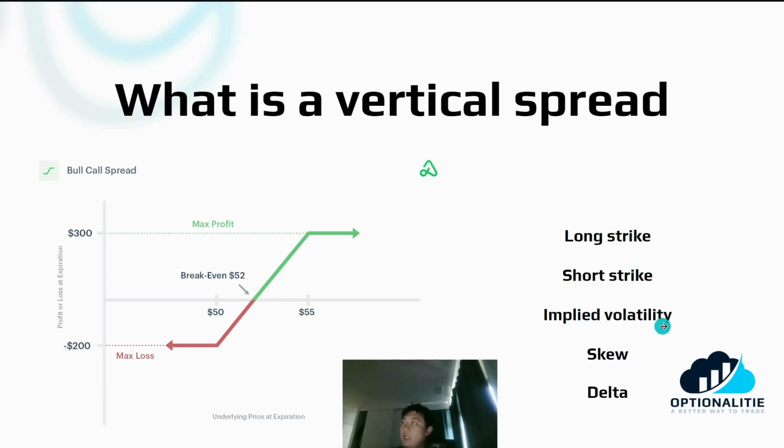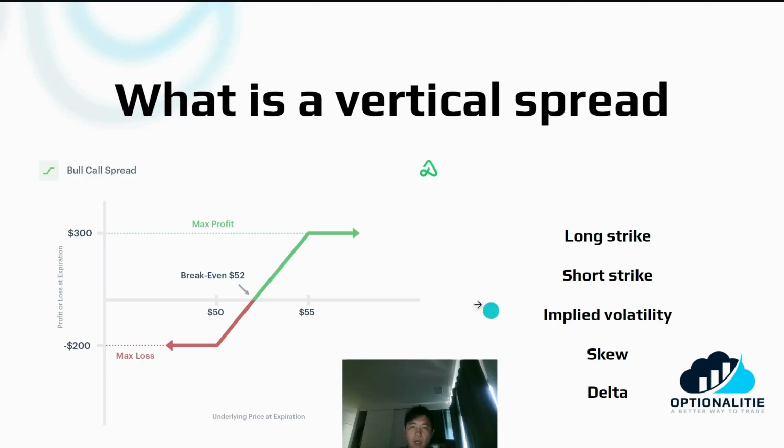Implied volatility is basically the market's expectation for how much the stock is going to move given the pricing of the option. So a higher implied volatility means that the market is expecting the stock to move more in order for that option to pay out, as opposed to a lower implied volatility. It is basically a gauge of how expensive an option is.